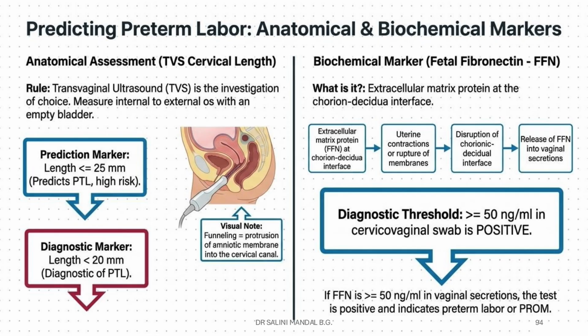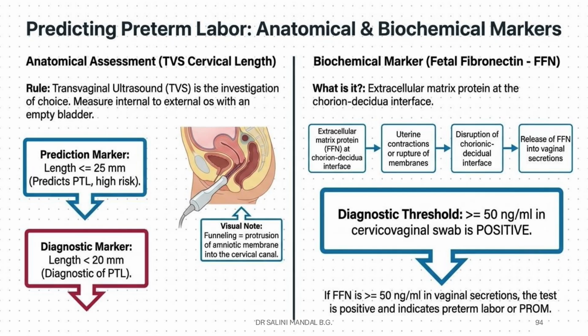If it is less than 2 centimeters or less than 20 millimeters, it is definitive for preterm labor. Coming to the biochemical marker, we are going to take a cervicovaginal swab, in which fetal fibronectin, if it is more than 50 nanogram per ml, is positive. That means this person is going to have preterm labor.